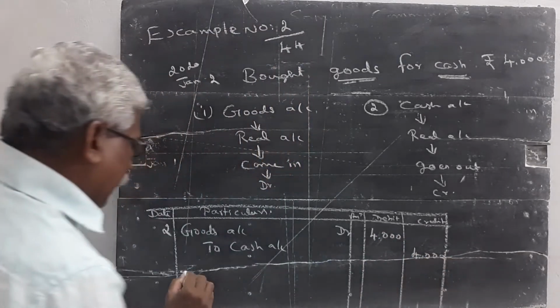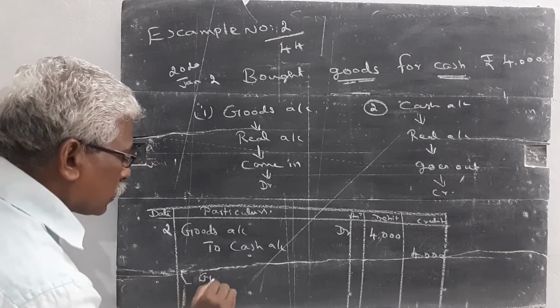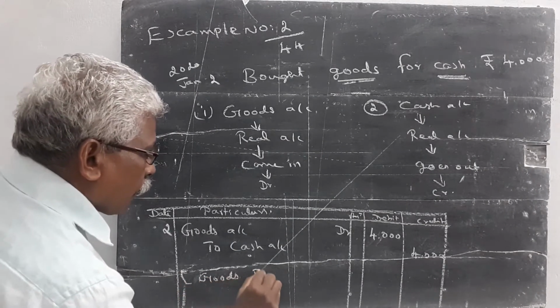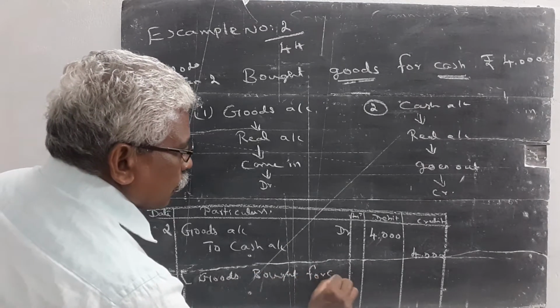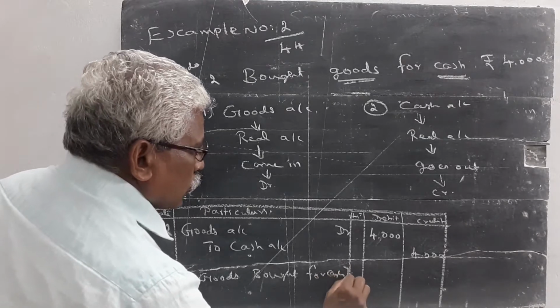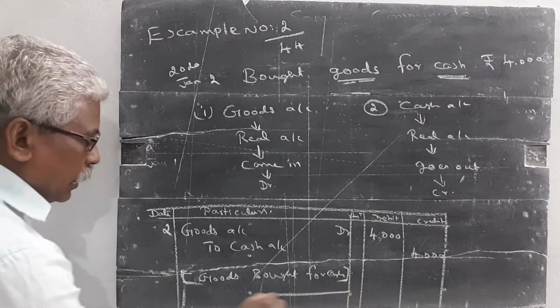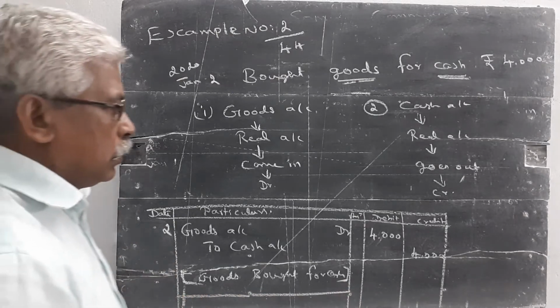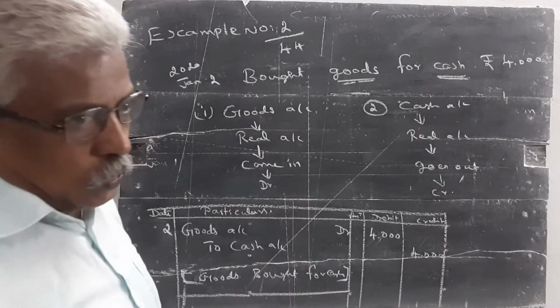Here we write the narration: (goods bought for cash), and close the bracket. Then draw a single line only in the particulars column. This is the procedure for doing example number 2.